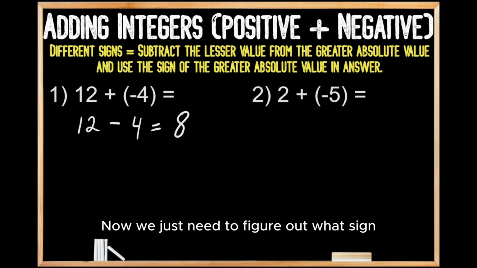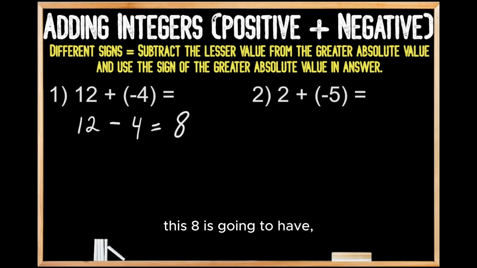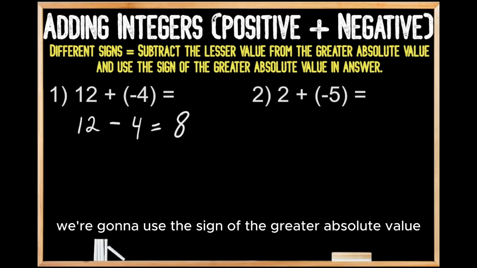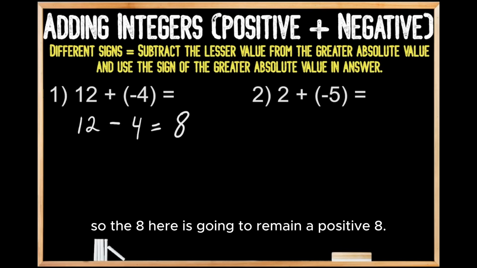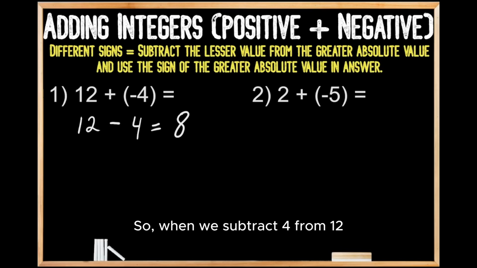Now we just need to figure out what sign this 8 is going to have. And we'll remember that we're going to use the sign of the greater absolute value in our answer. And 12 here was a positive, so the 8 here is going to remain a positive 8. So when we add negative 4 to 12, we get the answer of positive 8.